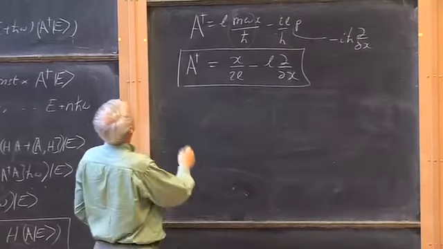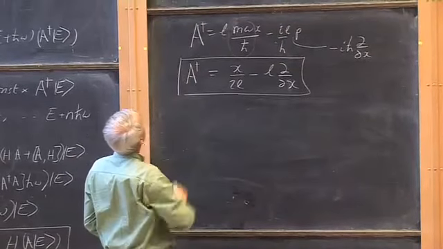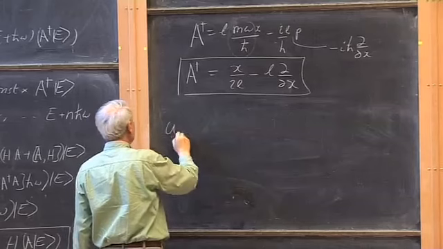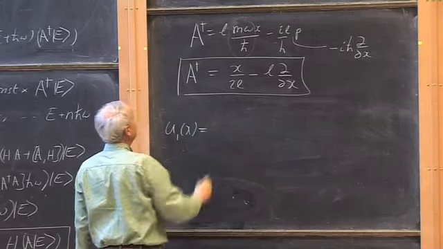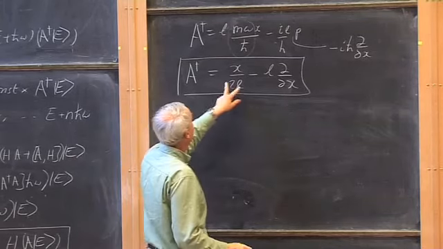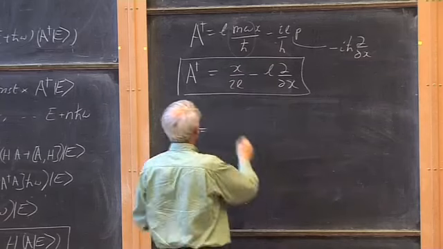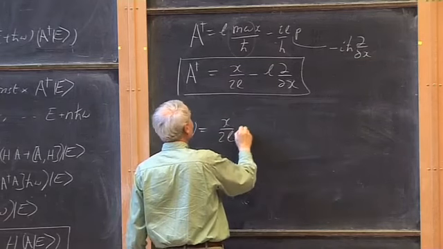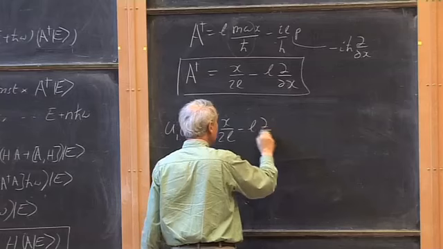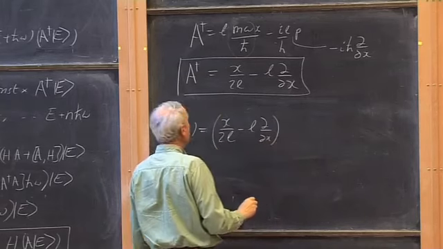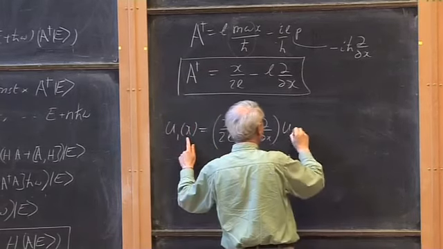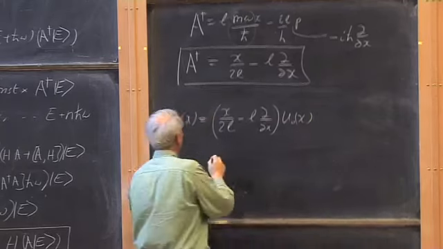So sorry, I shouldn't have written that complicated expression up there. It wasn't helpful. That u1 of x is equal to this operator working on, what does it work on? It works on u0 of x. But what is u0 of x?